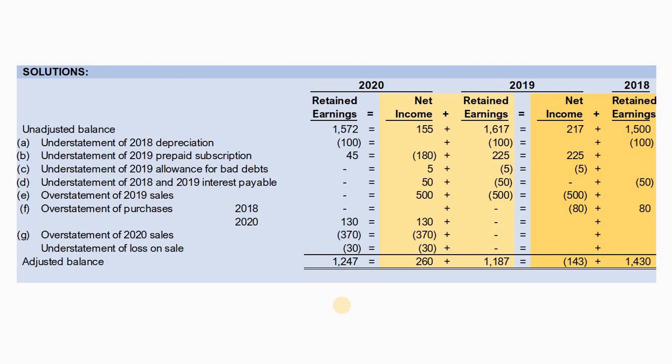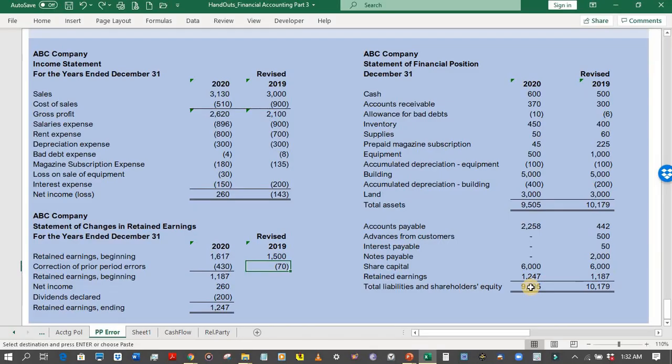So the negative 70 correction of prior period errors is the net effect of the negative 100, negative 50, and 80 pesos. Then the adjusted retained earnings beginning is 1,430 pesos. So our adjusted retained earnings at the start of 2019 is 1,430 pesos.